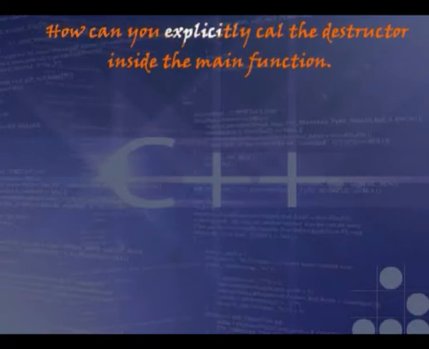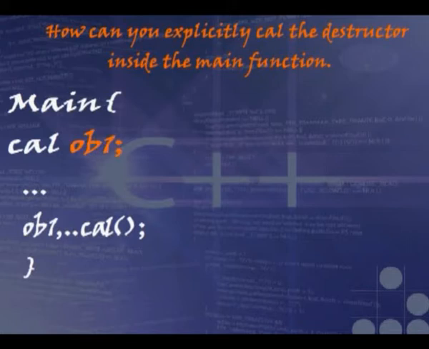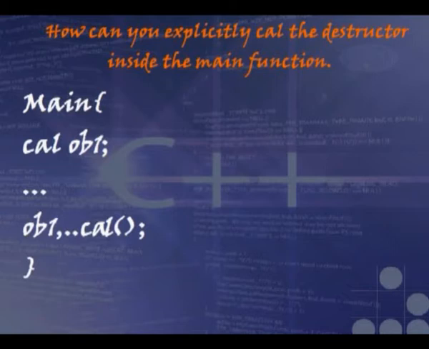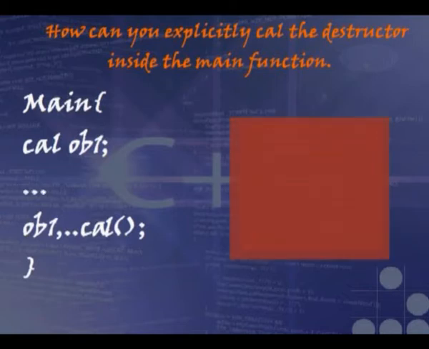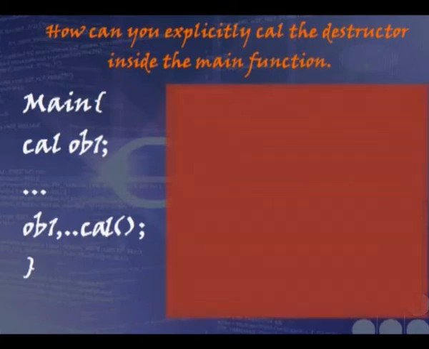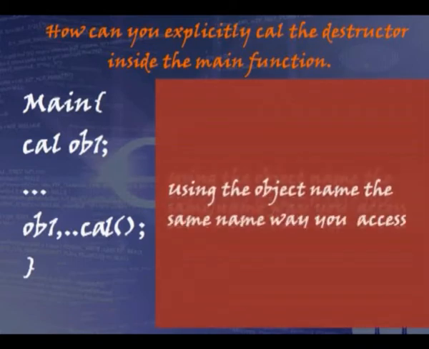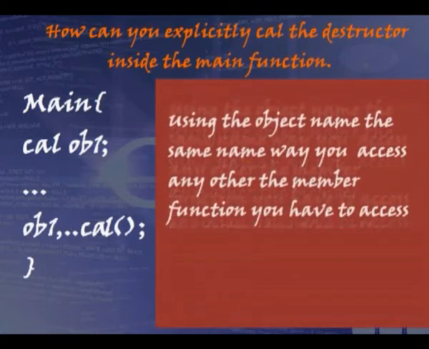Now, in this case, how can you explicitly call the destructor? Inside the main function, you create the object of type CAL followed by the object name, and you do whatever operation you want to do using the object name. The same way you access any other member function, you access the destructor. Normally, you use the object name followed by the dot operator followed by the function name.